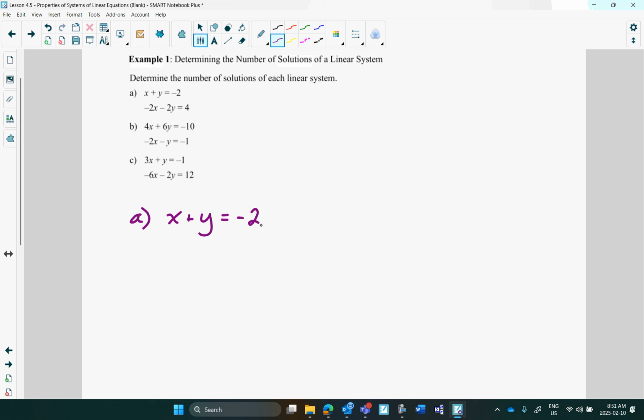How do I get y by itself? Subtract x. So I get y equals negative x minus 2, which means this line has a y-intercept of negative 2 and a slope of negative 1 over 1.